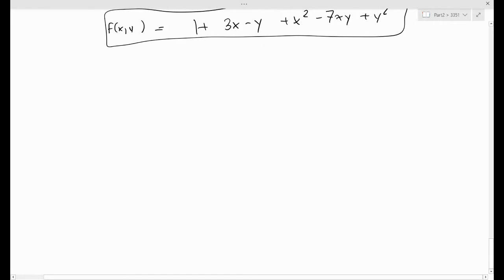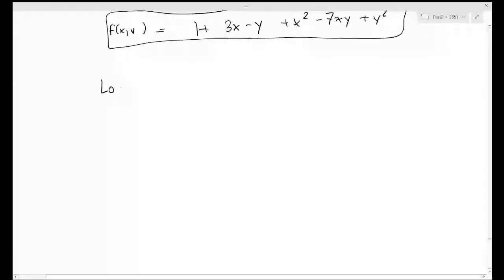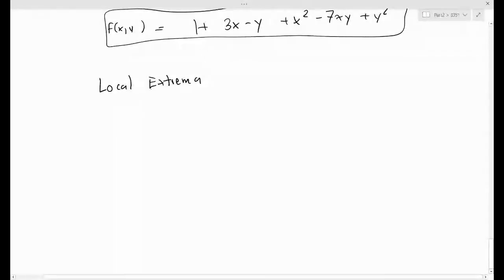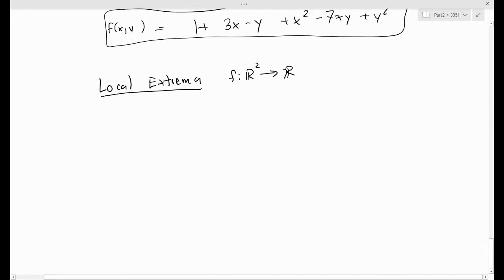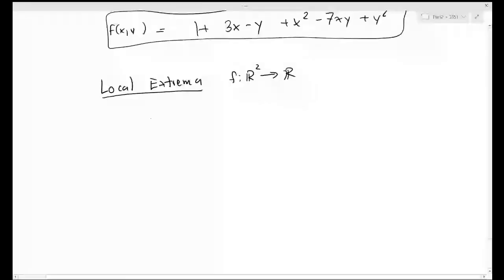But now let's go ahead and look at an optimization problem. So we're going to find local extrema for a function of two variables, a real valued function on two variables. And we're going to classify the critical points by using the second derivative test.